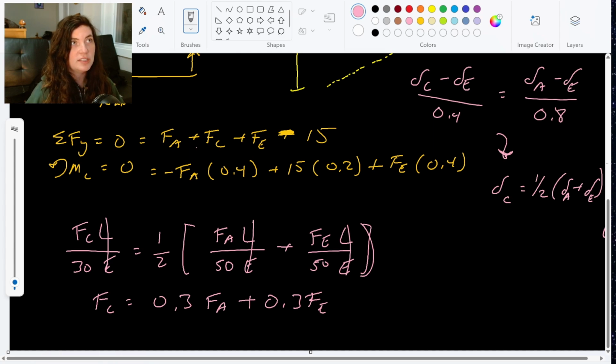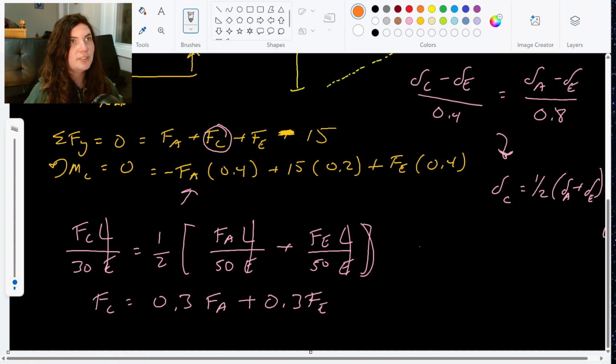We can take our FC here, substitute back into the equilibrium equation up here, solve for FA or FE, and substitute into this moment equation here, and get our final answers. I'm going to spare you the algebra of solving systems of equations. I have great faith that you all can do that.